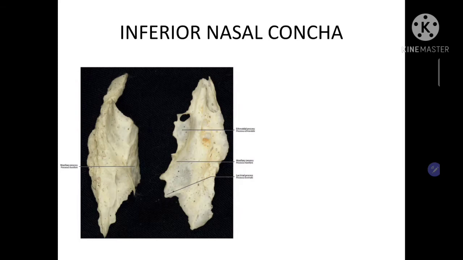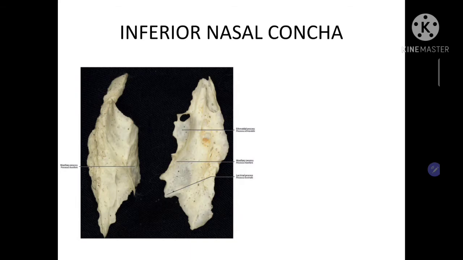Now you can see here, this is the inferior nasal concha or turbinate. Usually we have three turbinates, but we can also have four or five. But those are supernumerary turbinates. Okay. So normally we have the superior, middle, and inferior turbinate.